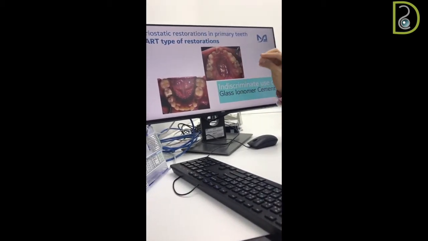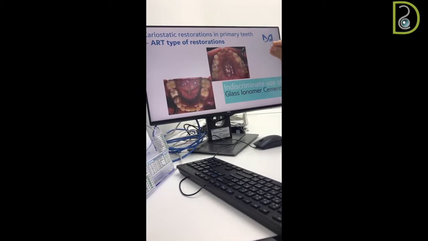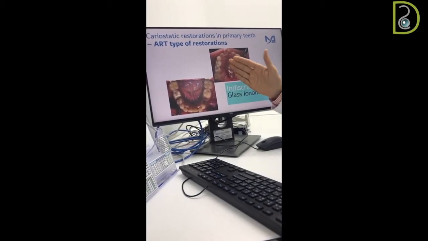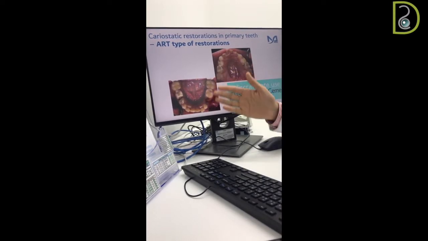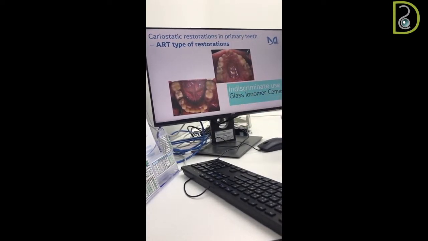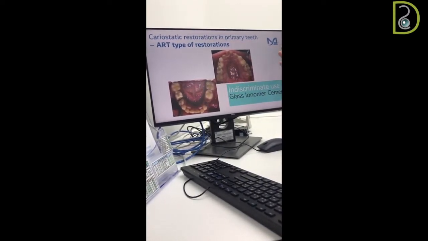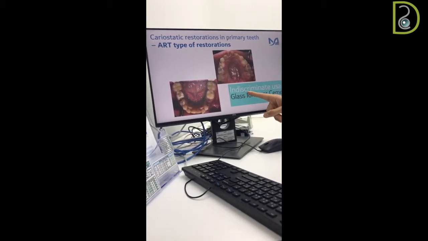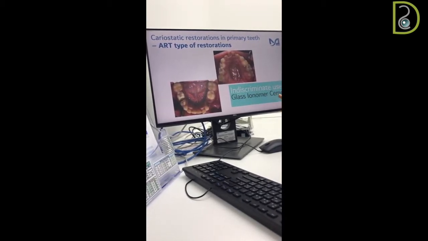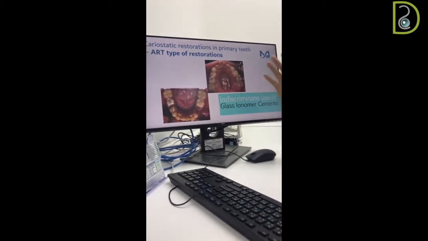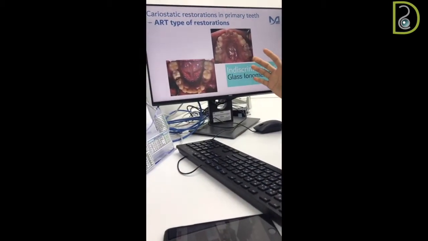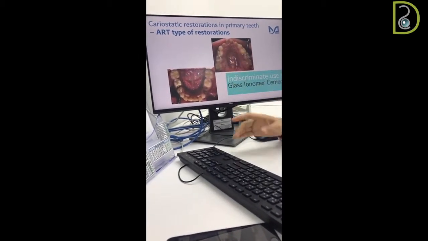These are only temporary restorations, for not more than a year, not more than a month, because this is a rubbish restoration. So ART is top of the restorations, but it discriminates the use of glass ionomers because this is not a final restoration. So don't take the concept of atraumatic restoration as doing a GIC.